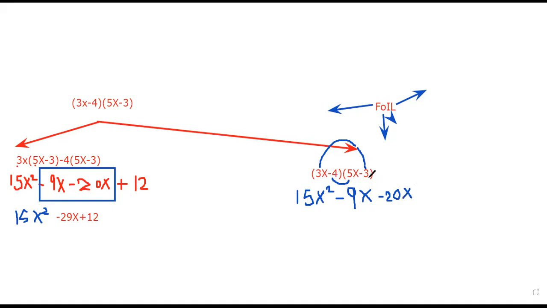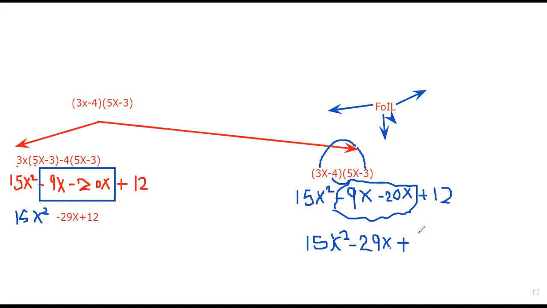Then last. Negative 4 times negative 3. It will be positive 12. Now we will add the like terms together. We have like terms, negative 9 and negative 20. So the answer by the end will be 15x to the power of 2 minus 29x plus 12.